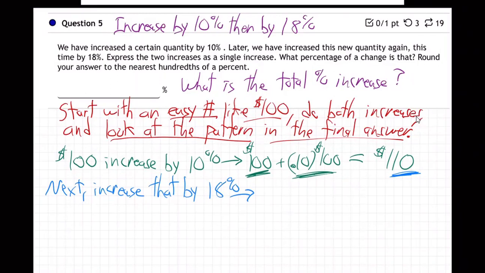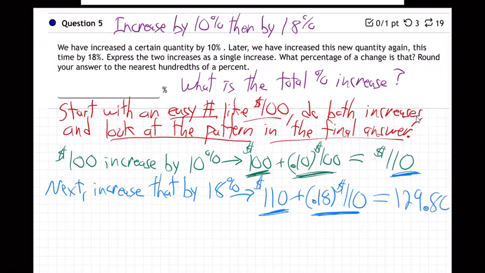What am I going to do? 110 plus 110 times 0.18. Perfect. Yeah, we good there? You just take the 110 and then you increase it by 18% of the 110. I'm getting 129.8, I don't need that zero at the back, just 129.8. You guys getting that okay? Making sense so far?